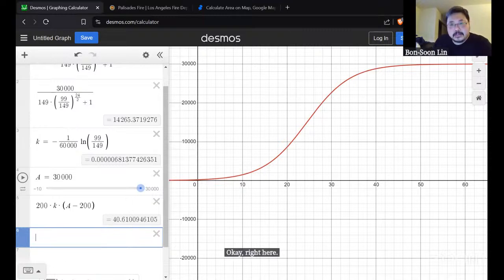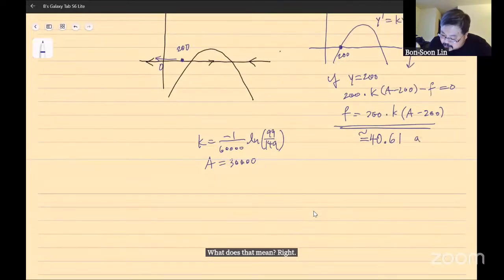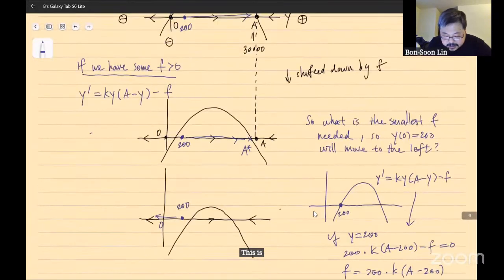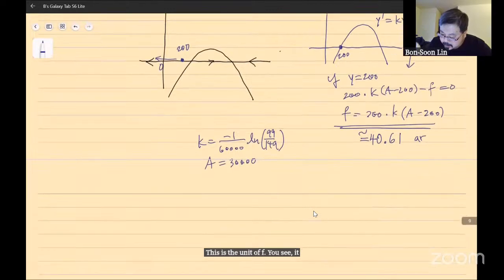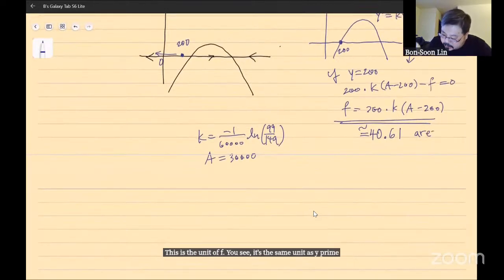What does that mean? The minimum effort. This is the unit of f. You see, it's the same unit as y prime. That's acres per hour.